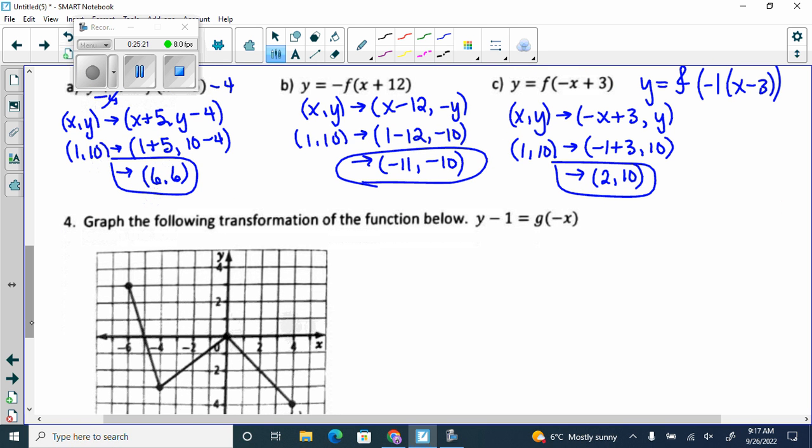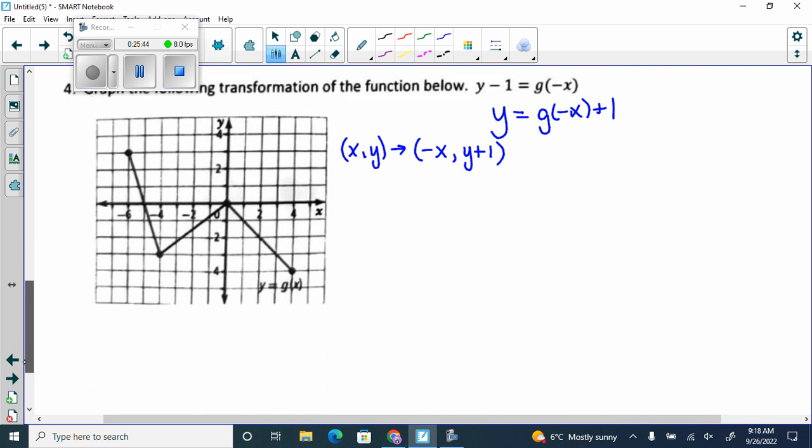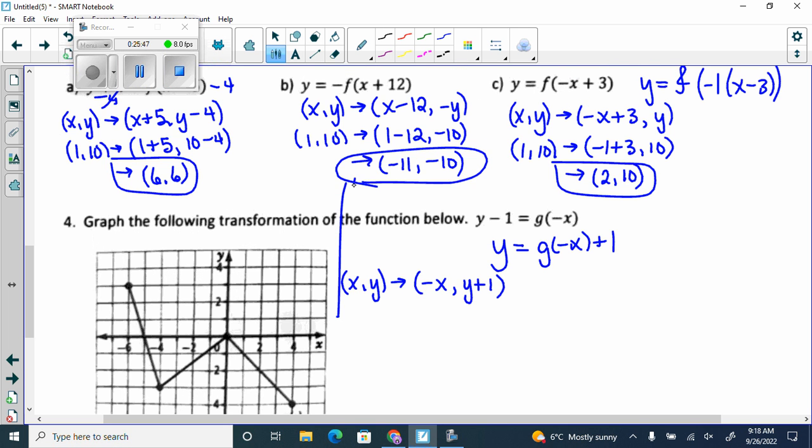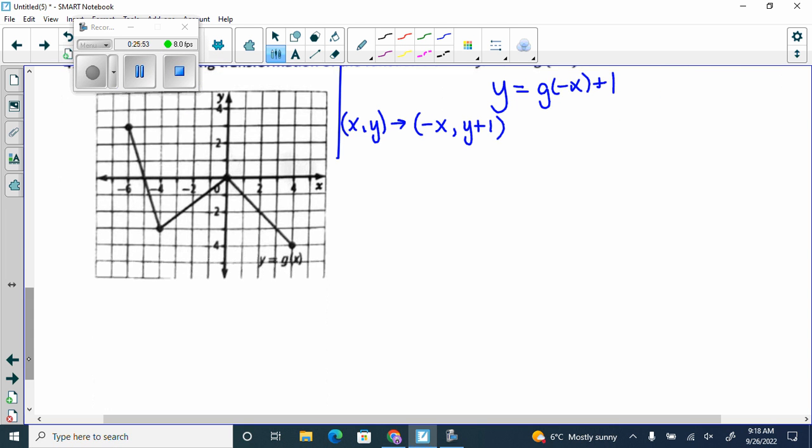In this one, they want us to graph the following transformation as a function below, so we have to add the 1 over. So we get x, y becomes negative x, comma y plus 1. So I'd start with negative 6, 3, which becomes 6, comma 4.